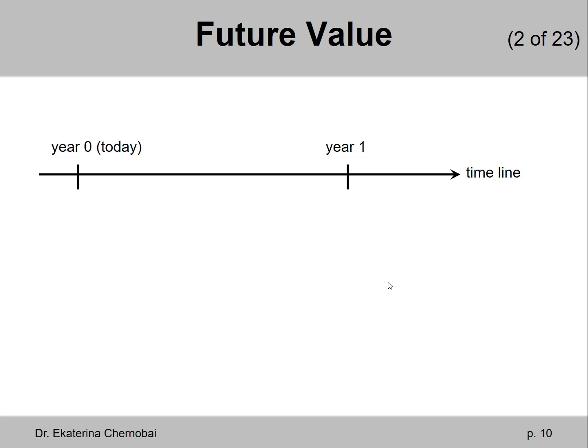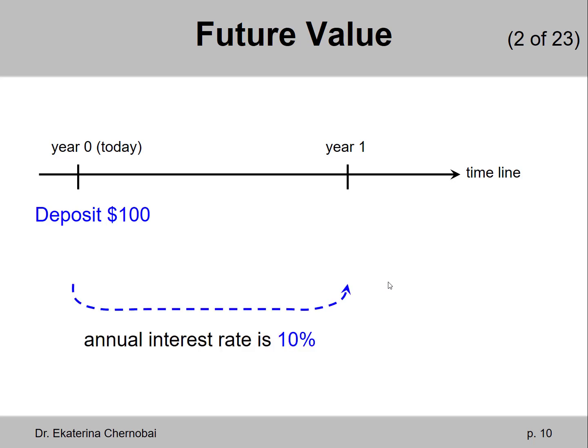So between year 0 and year 1, we have 1 full year, 365 days. You deposit $100 in year 0, you wait 1 year, you earn the interest rate of 10% on your money, and we need to find the future value in 1 year.